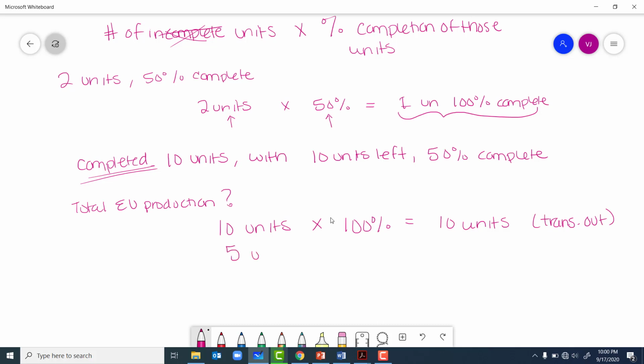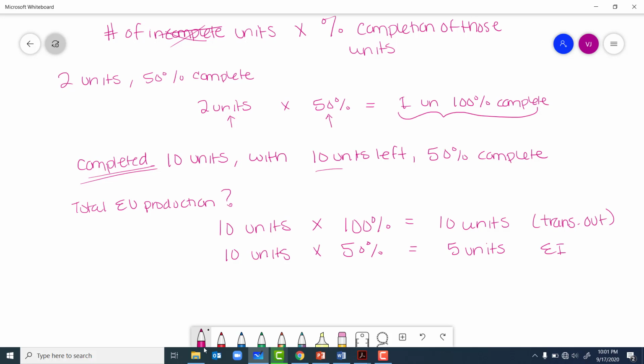Now, the units that are left over in ending inventory, they are 50% complete. Or not, it wasn't 5 units, sorry, that was 10 units. The 10 units left over in ending inventory were 50% complete. 10 times 50% gives me 5 units. So that would be the equivalent units of production sitting in ending inventory.